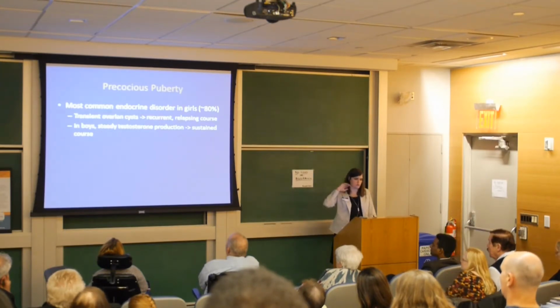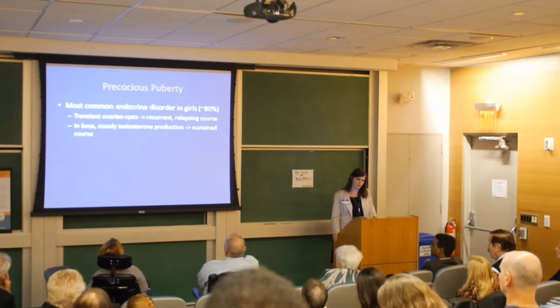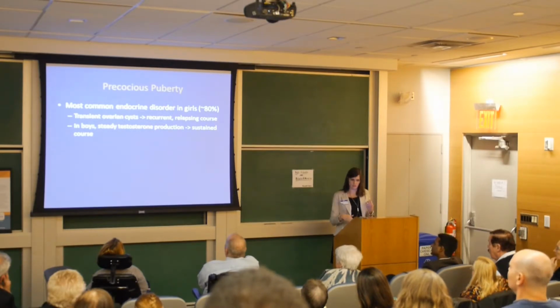Precocious puberty, as I mentioned, is the most common endocrine disorder in girls, and it actually tends to be the presenting symptom in a lot of patients. In girls, it develops because of transient ovarian cysts. The ovary will periodically form cysts that overproduce estrogen, and then the cysts go away.